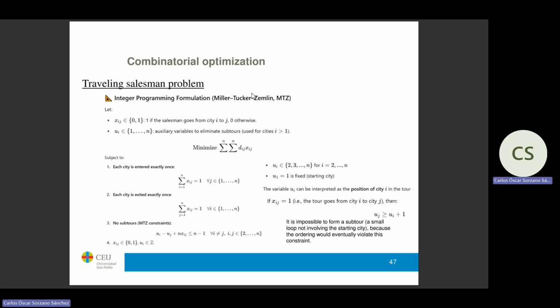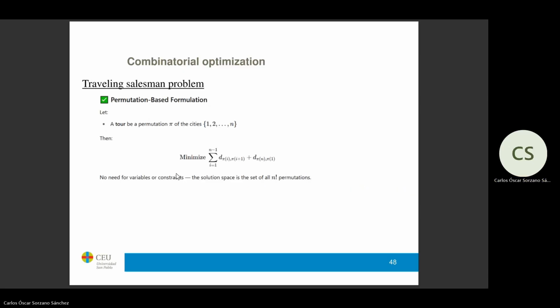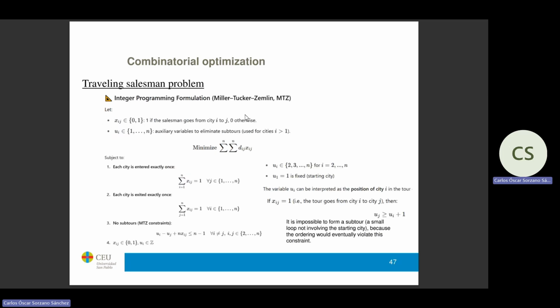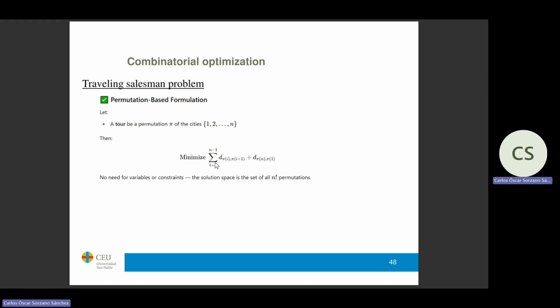Okay, and then we have the original formulation as an integer programming problem that we presented at the beginning of the lecture. Any question here? So you can compare the integer programming formulation with the permutation-based formulation. The permutation-based one would be: you define a tour as a permutation of the cities.